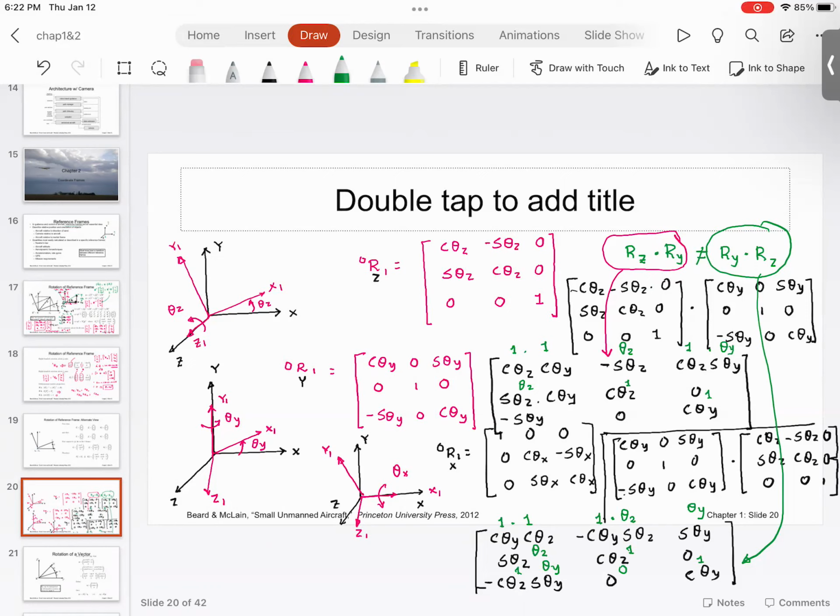But if the angles are large, then the matrix multiplication, as I showed here, gives two matrices that are significantly different. They become one and the same as soon as I substitute cosine theta y equal to 1, cosine theta z equal to 1, sine theta z equal to theta z, and so on. Everyone understood this? Remember this.